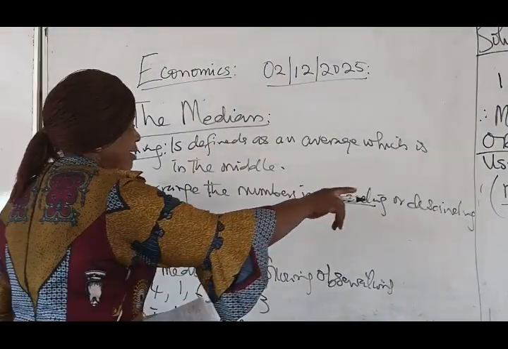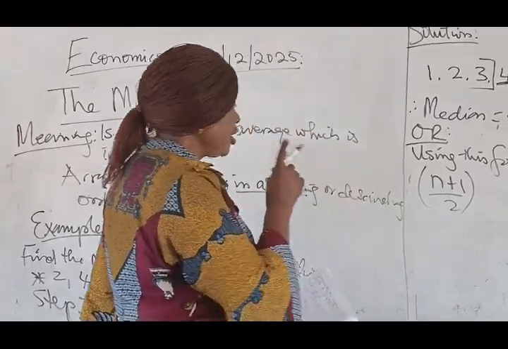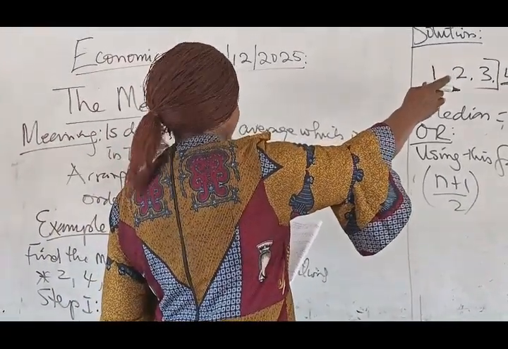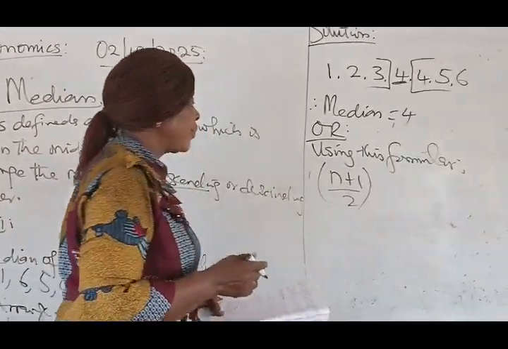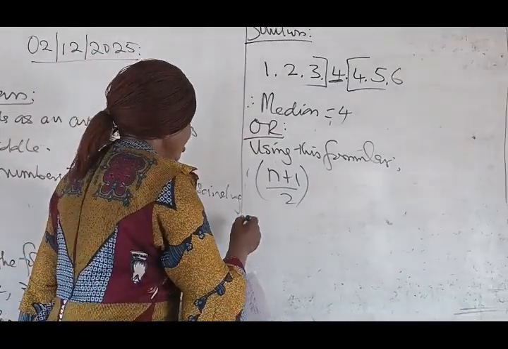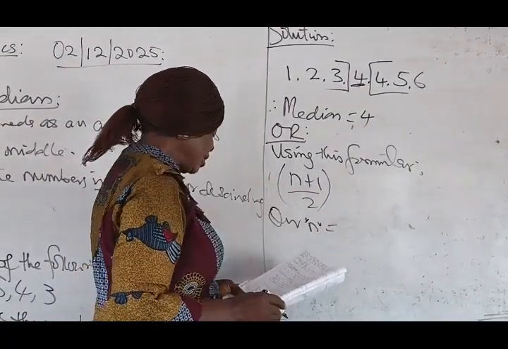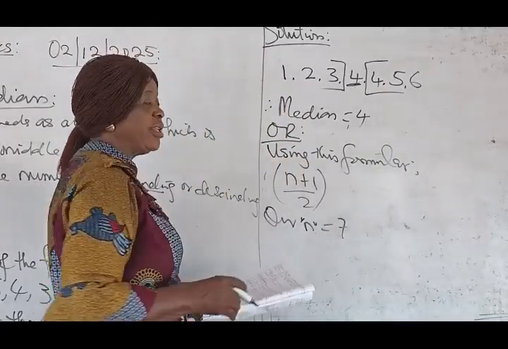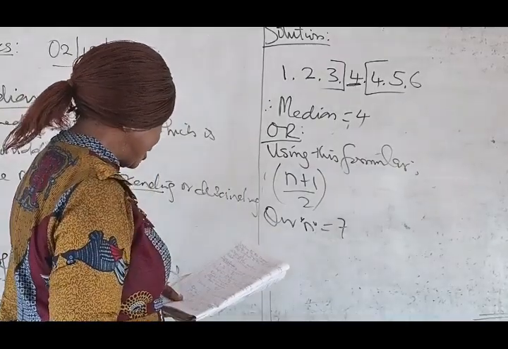Let us apply it to the same example to see if we get the same number. Where you cannot arrange like this and get your median, you can use n plus 1 over 2. What is our n here? Our n is 7, the number of observations.